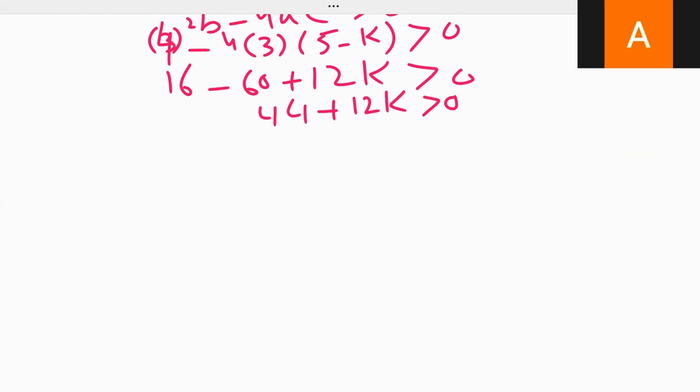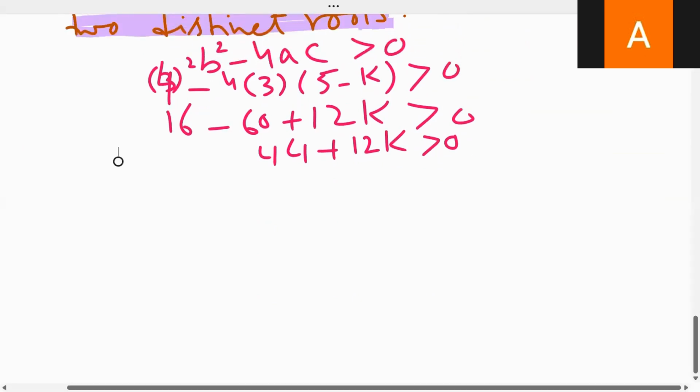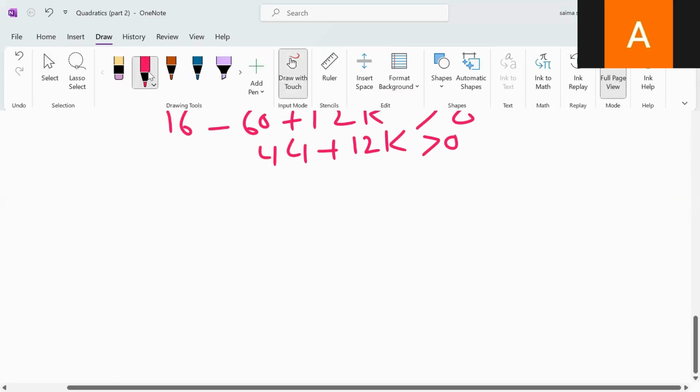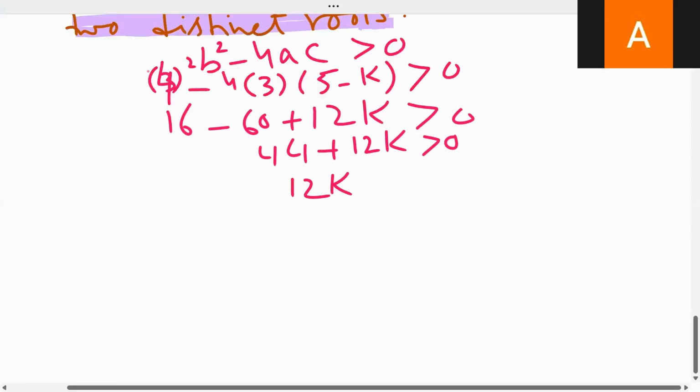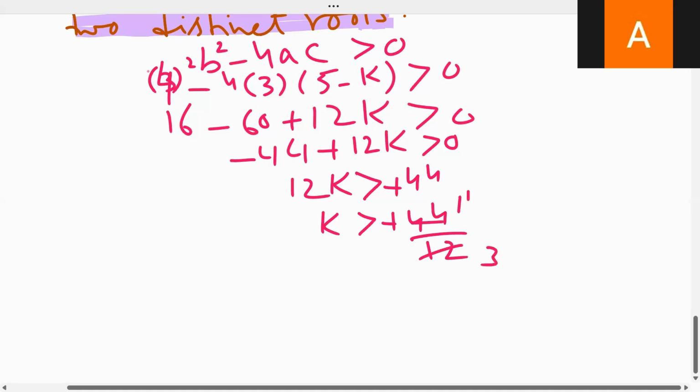So you can write here 12k is greater than minus 44. So k is greater than minus 44 by 12. This is minus 44, and when you take it, it will be positive here. Now you can simplify 3 by 11 by 3. And when you solve, the answer is k is greater than minus 3 whole 2 by 3.